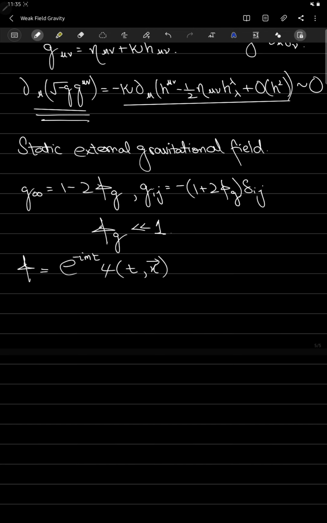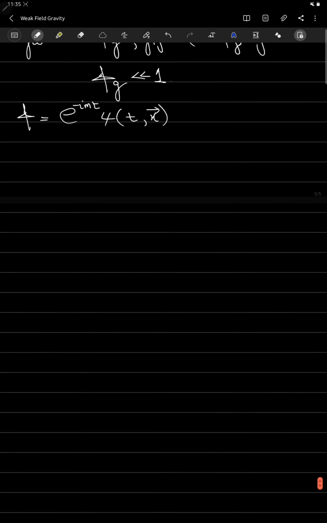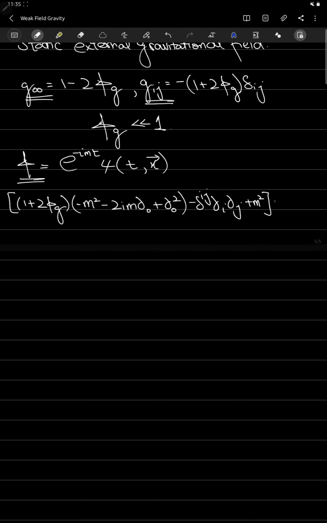Now let's just put this back into our Klein-Gordon equation, and upon doing so we find that using of course this g_00, g_ij and this field, we have square root of 1 plus 2 phi_g times minus m squared minus 2 i m partial 0 plus partial 0 squared, and we have minus delta_ij partial i partial j plus m squared on psi of t comma x vector, and this is equal to 0.